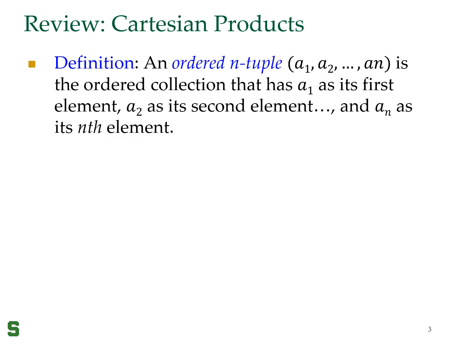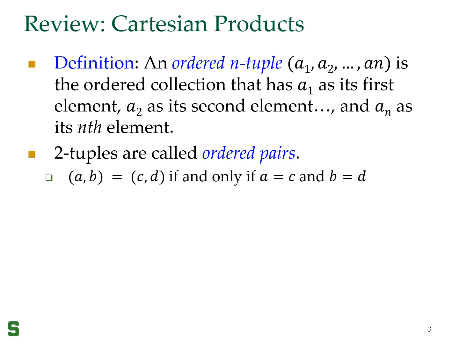This is just a review slide of what a Cartesian product is. So if I have n different sets and I choose the first one from the first set, the second one from the second set, the third one from the third set, then that gives me an ordered n-tuple. The specific kind of tuples that we care about in this module are 2-tuples, basically ordered pairs, where you have a pair of the form (a, b).